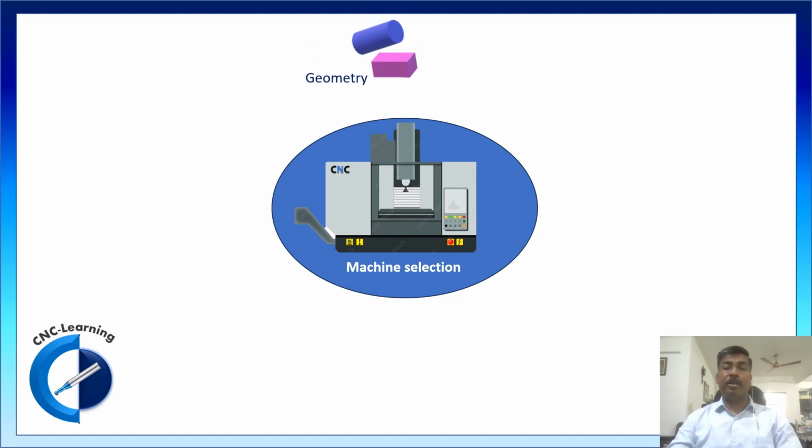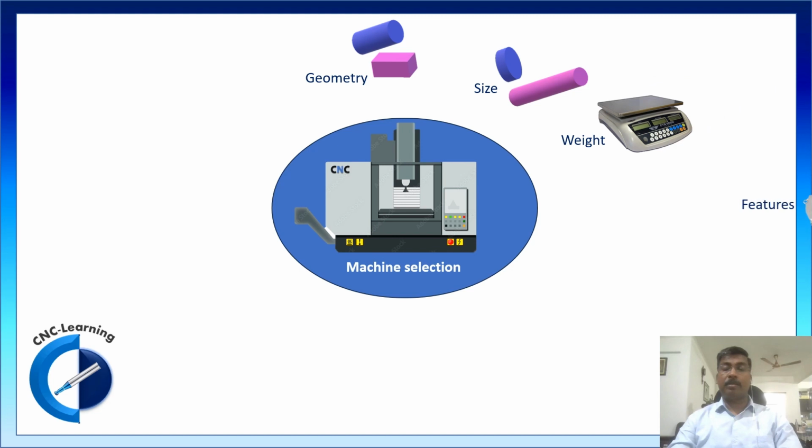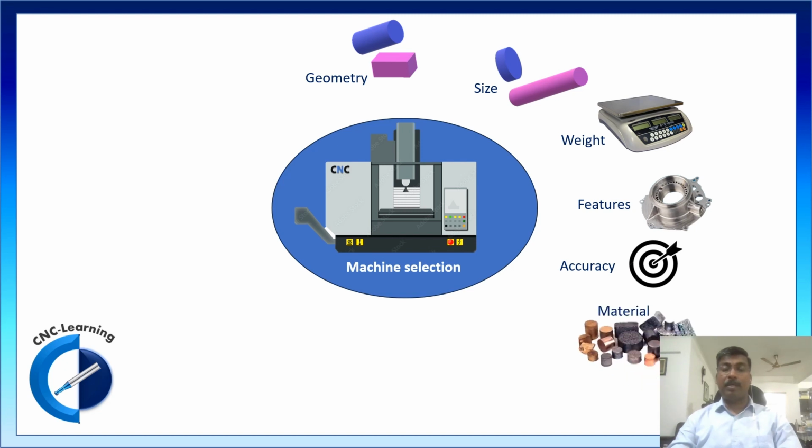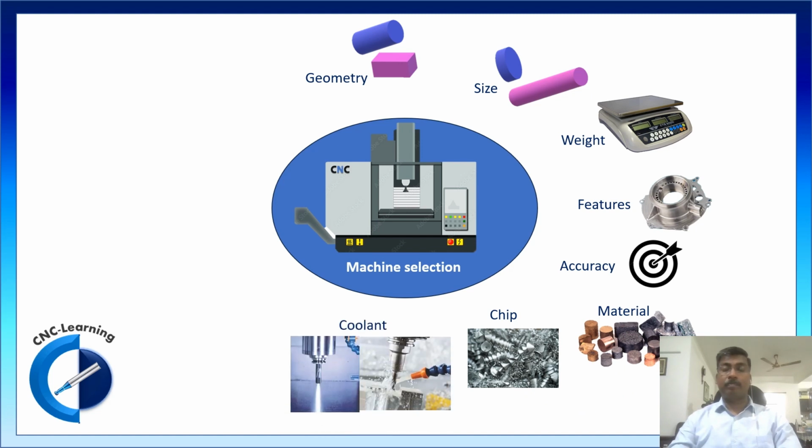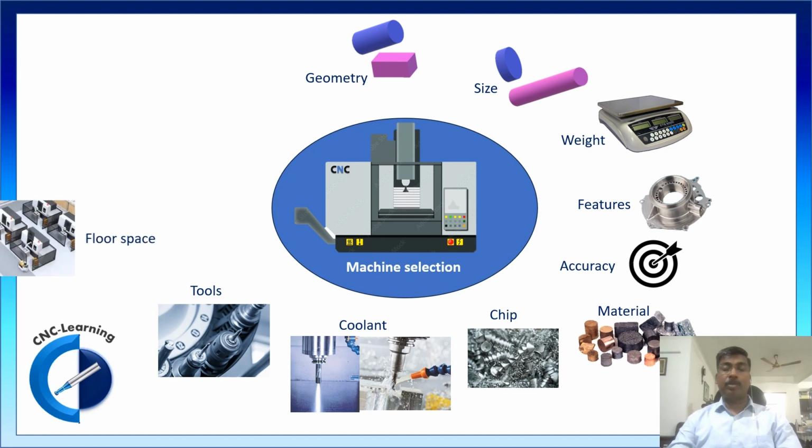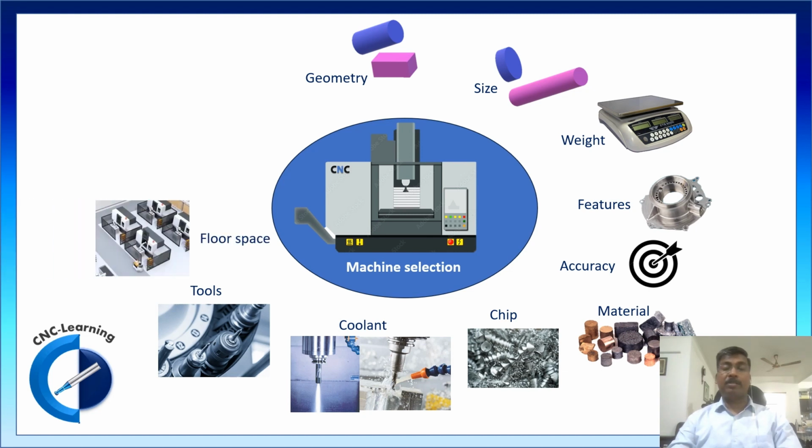First one is geometry of the component, size of the component, weight of the component, features available on the component, accuracy of the component, material with which you are going to make the part, the chip evacuation requirements, coolant flow requirements, number of tools requirement, floor space requirement, the cost of the machine, and service and space availability for the machine.